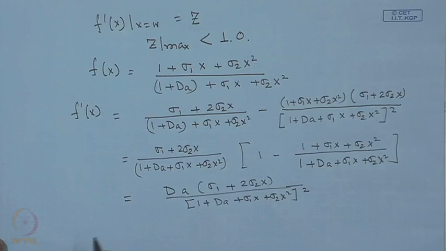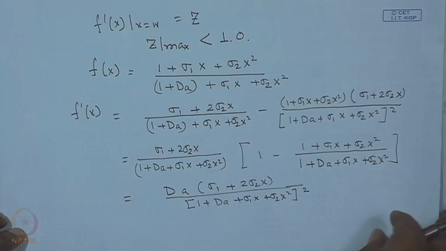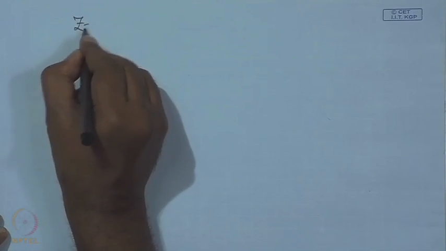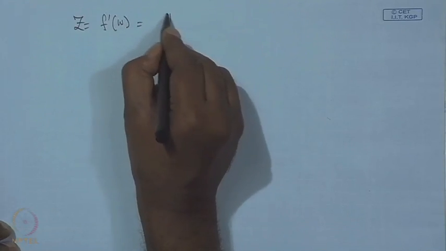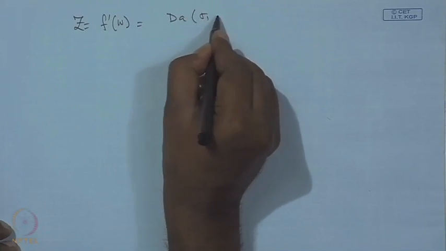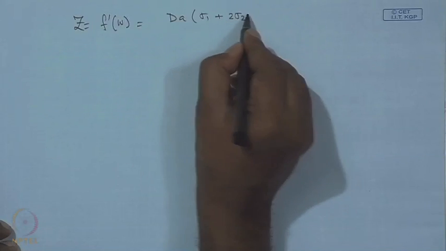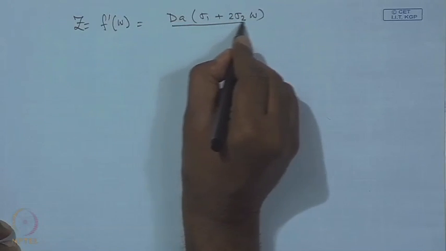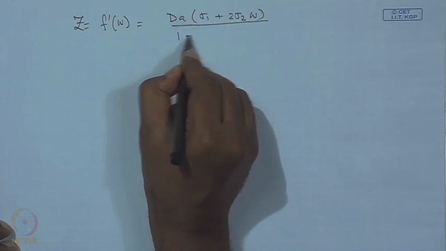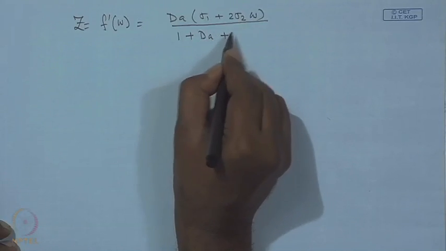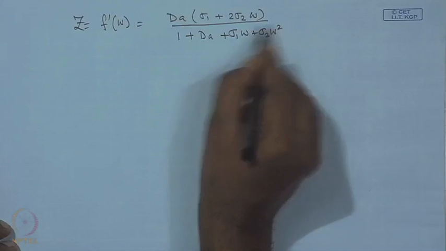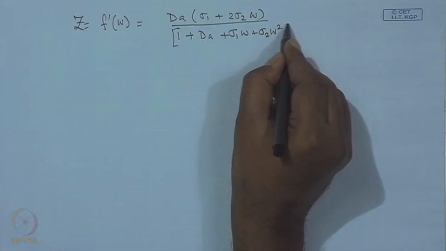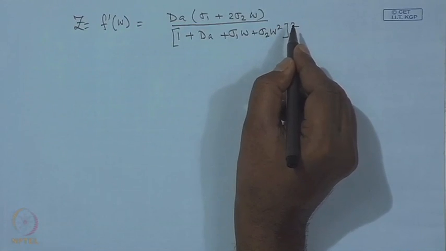So, what is f prime w? That is our z. So, z is f prime evaluated at x is equal to w. So, dA times sigma 1 plus 2 sigma 2 w divided by 1 plus dA plus sigma 1 w plus sigma 2 w square, then square of that.